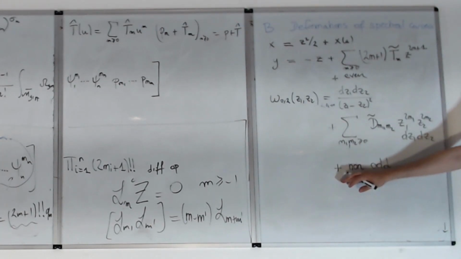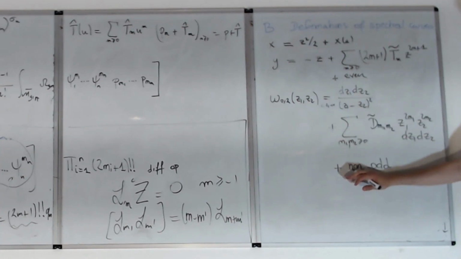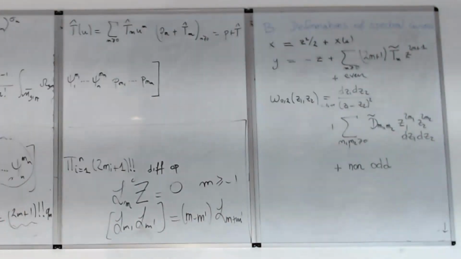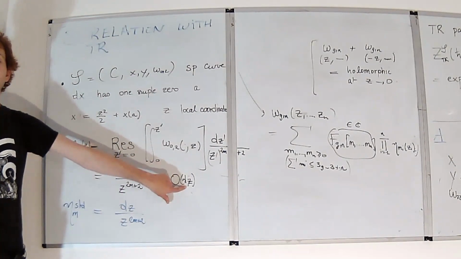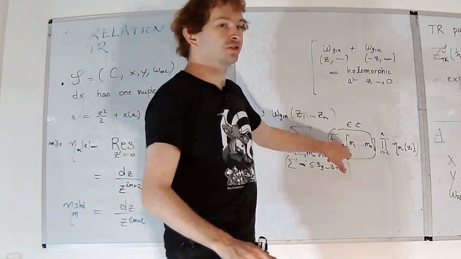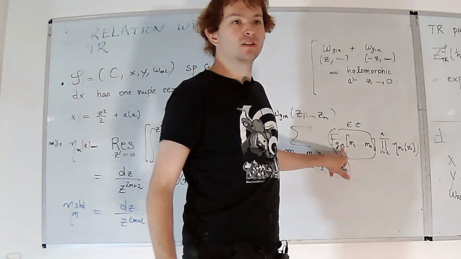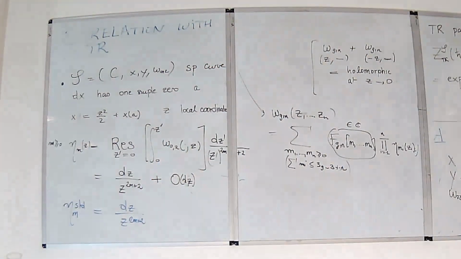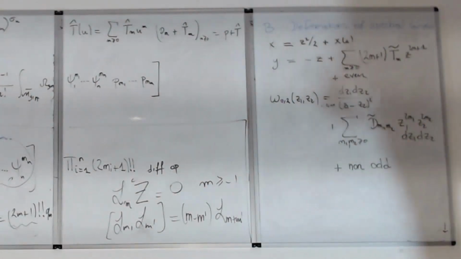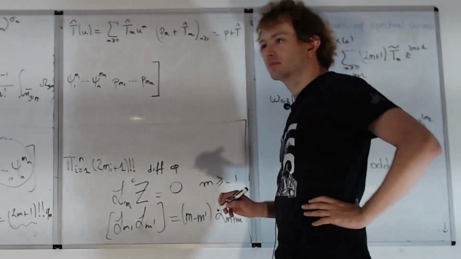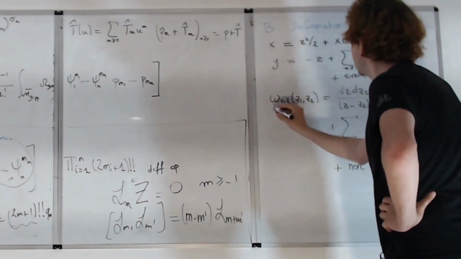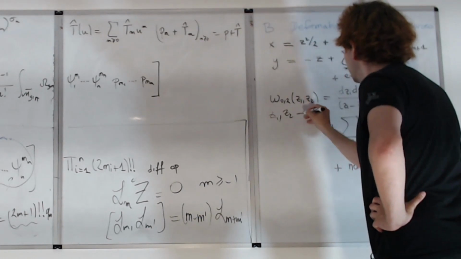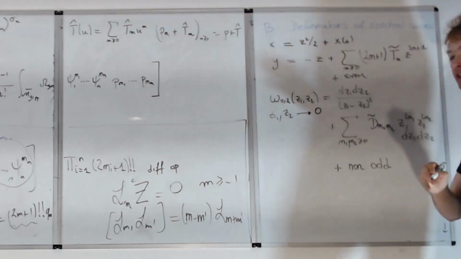But this non-odd part, the only place where it shows up is in the expression for the differential. It's going to affect the big O of dz here. Otherwise, it doesn't change the coefficients F g,n. So that's all that is going to matter here. Here, it's z1, z2 going to 0. I only need the expansion near the ramification point.